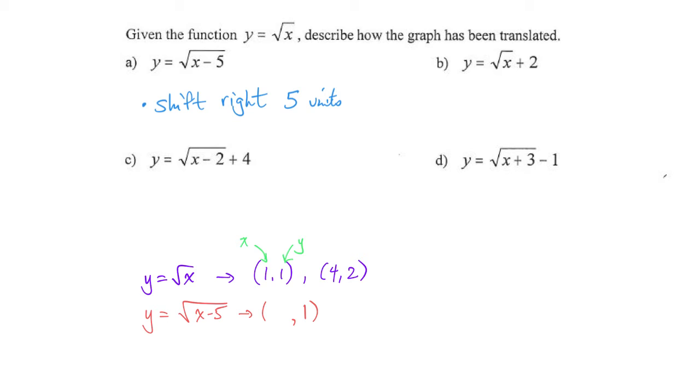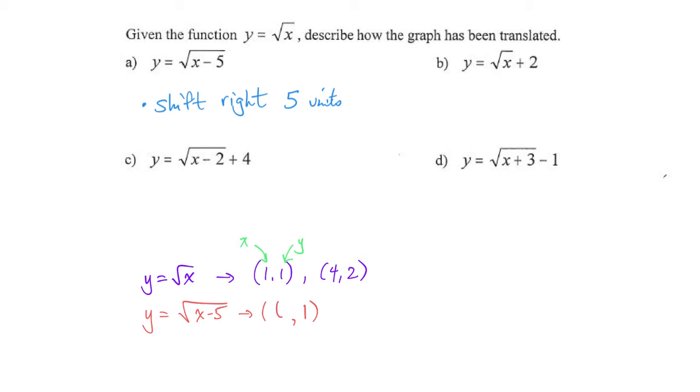So now I'm going to ask myself, what x value would I have to sub in there now in order to get my same y value of 1? In order to get my y value of 1, I need to take the square root of 1. Well, what value do I have to sub in that when I subtract 5 from it, I get 1?